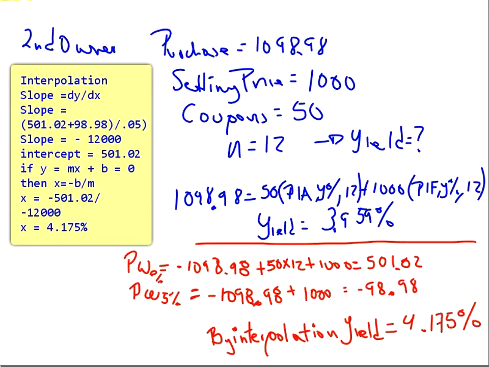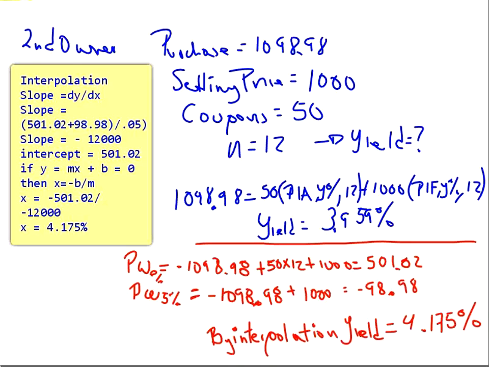For purposes of the test, you might have to find the yield in a different way, and one way to do it is by interpolation. So the way we do this is we compute the present worth for both, say for instance, 0% discount and 5% discount, trying to see what happens.